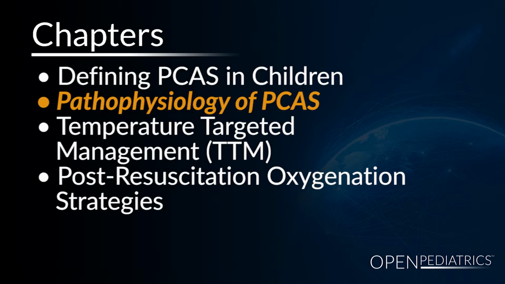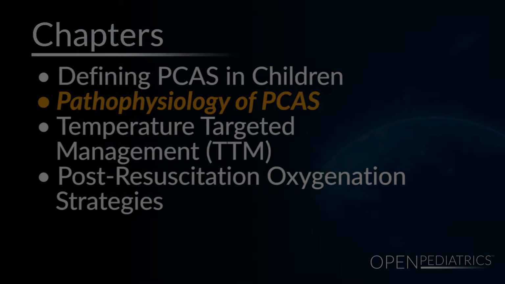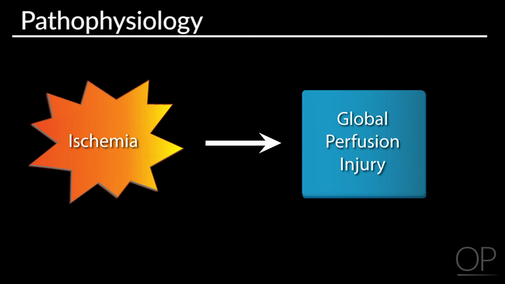Pathophysiology of post-cardiac arrest syndrome. Physiologically, what happens after we've reestablished a perfusing rhythm? Well, clearly the hypoxic ischemic injury to the body is a global injury.